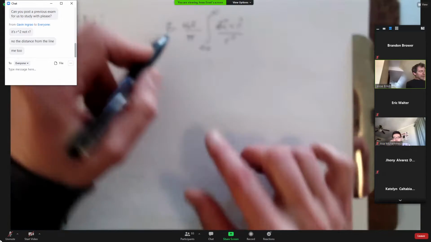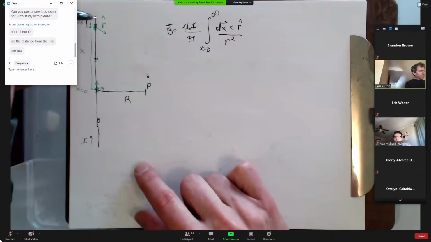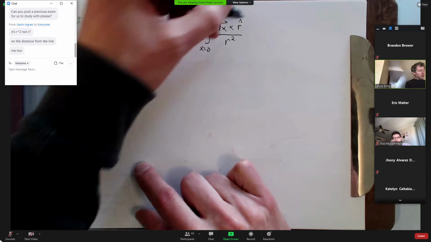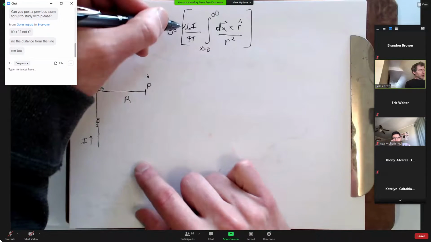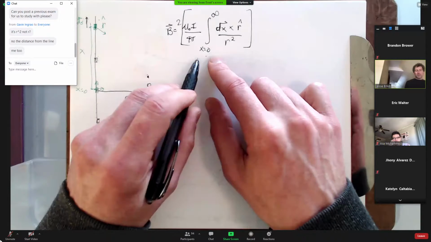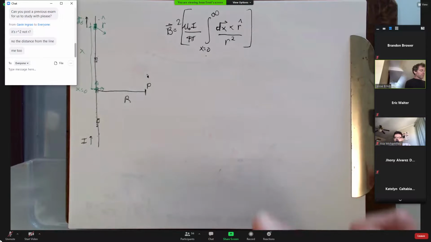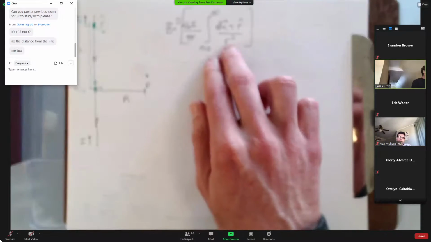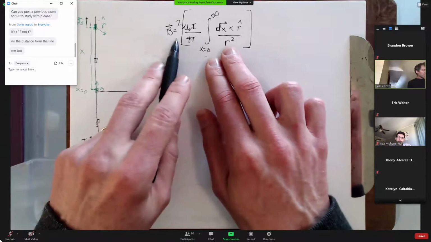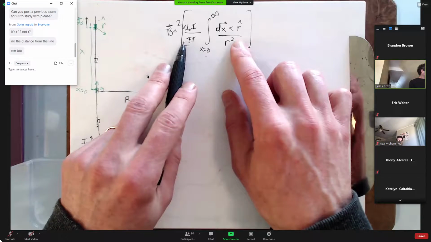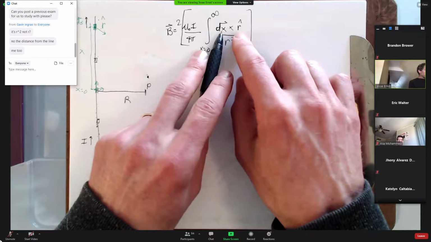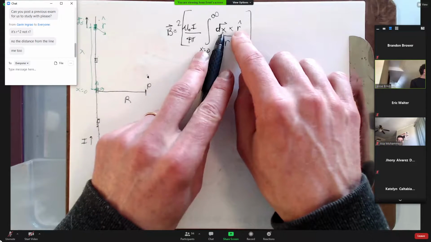And so we can integrate from 0 to infinity and then just double the result. You could also integrate from minus infinity to infinity and not double the result if you prefer. Okay, and this is the direction of this thing. We'll have to find when we do the cross product here. Right?